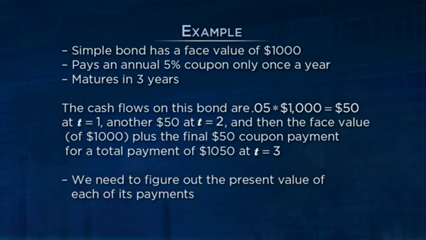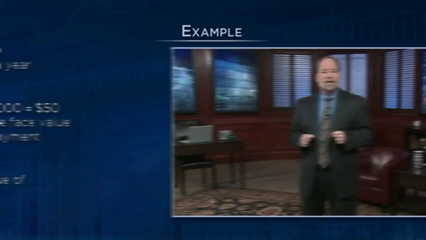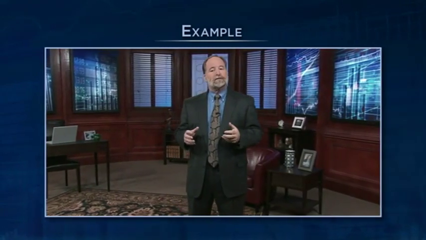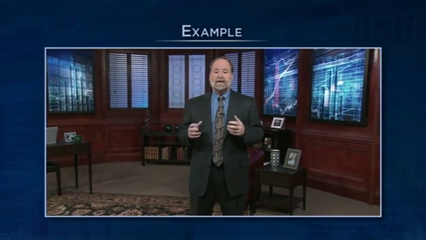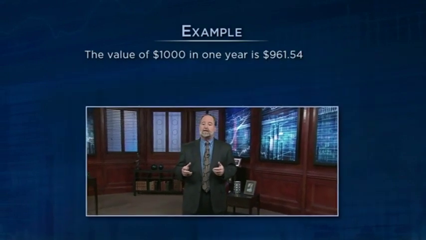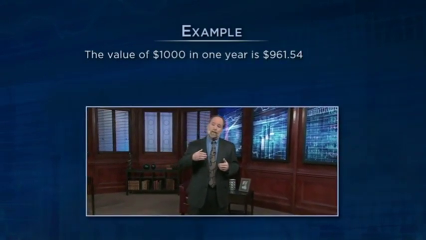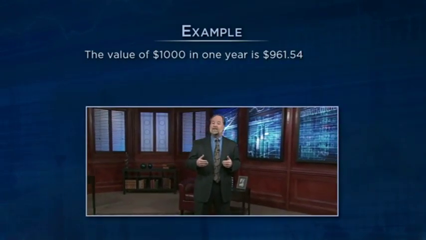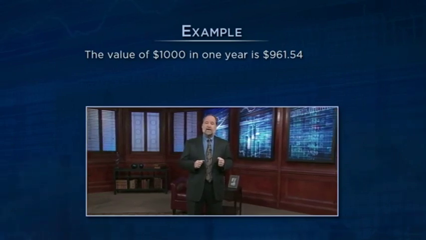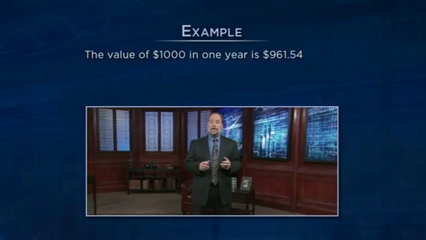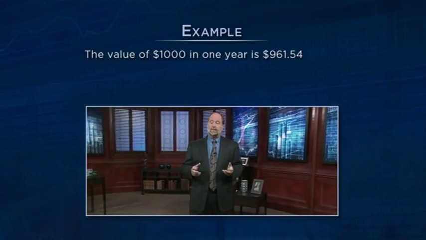What is the present value of the first $50 coupon payment at t equals 1 year? For this, we can use the yield curve for zeros. For that yield curve, we know that the value of $1,000 in 1 year is $961.54.